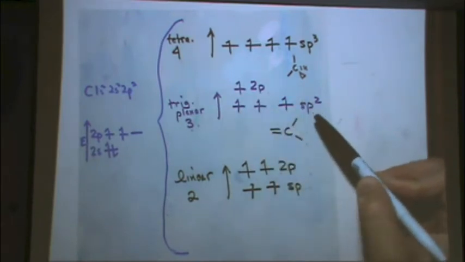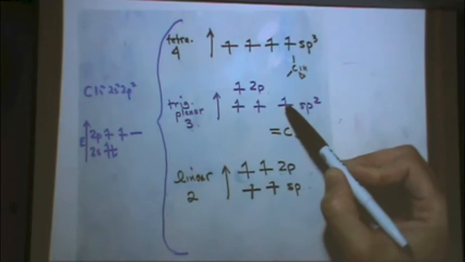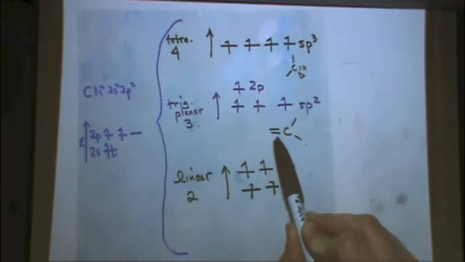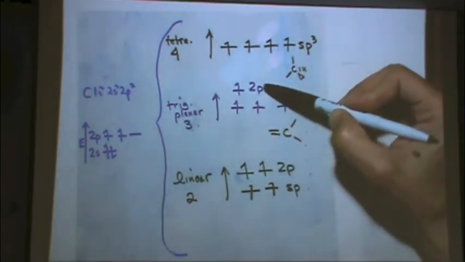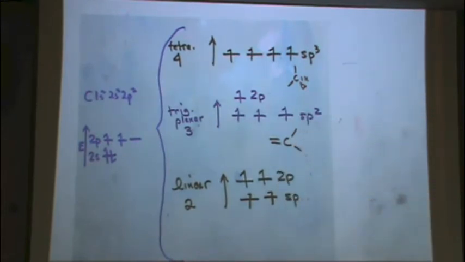These hybridized orbitals, as far as we're concerned in this class, will always form sigma bonds. So these 3 will form sigma bonds. That second bond of the double bond comes from the 2p making a pi bond. Okay? So a double bond, and I'll write this out in just a minute, is composed of a sigma and a pi bond.